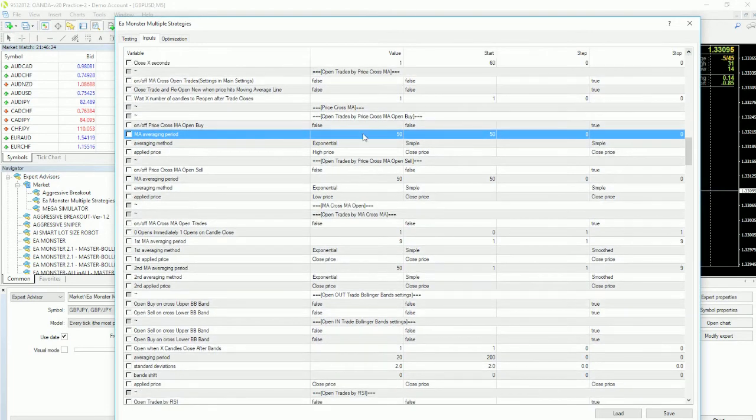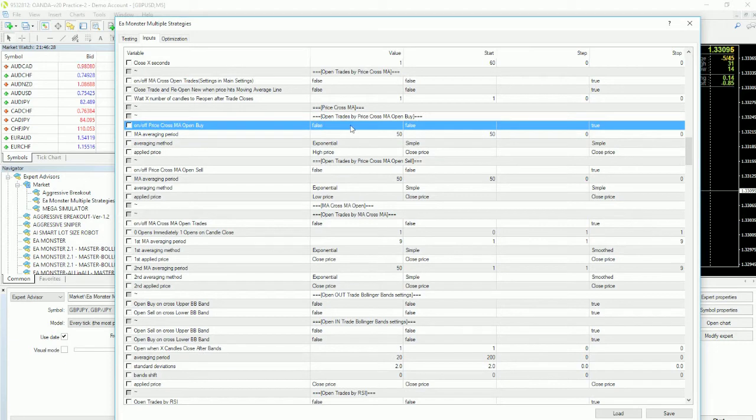It has the period and the method and the price all in it, but the buy and the sell have their own. And the reason why I did this, I'll show you why: why I have a separate MA setting and separate MA to close, open and open buys and sells.